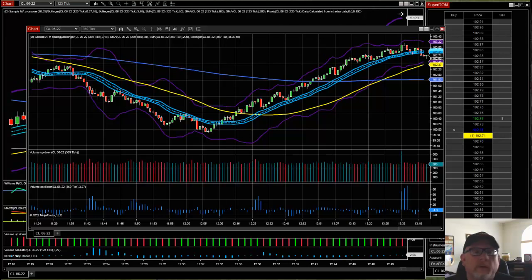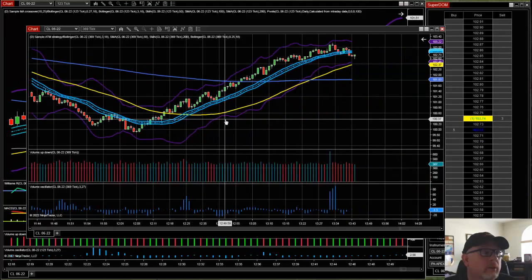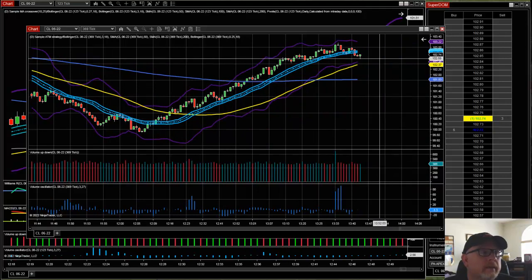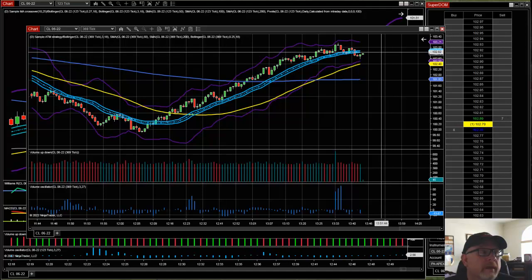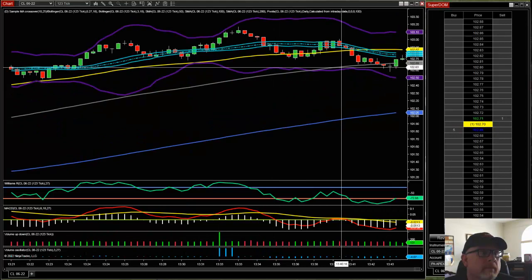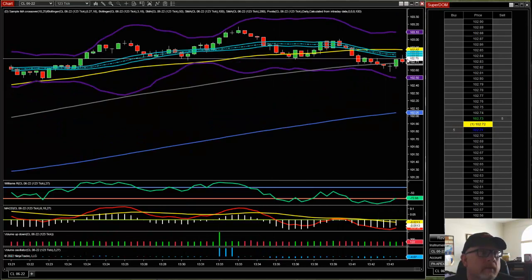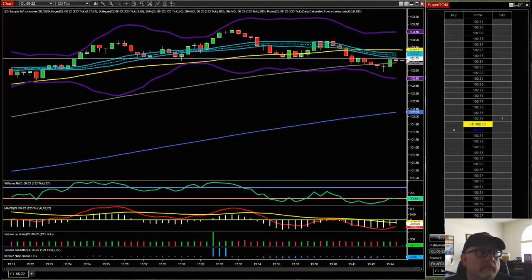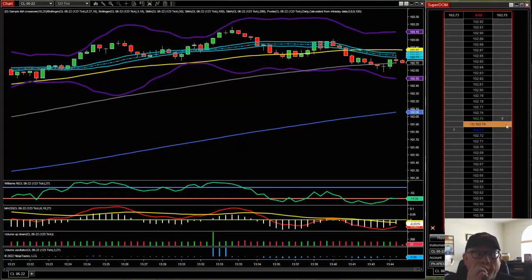All right, so let's look at the 469 chart quickly. Making a move back up. Hey, we might have an opportunity to get into this after all. Order filled.